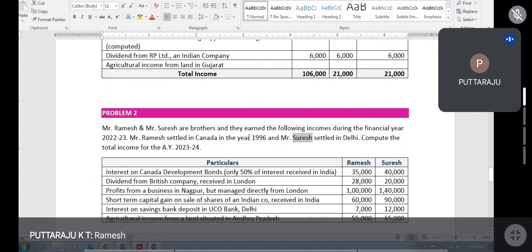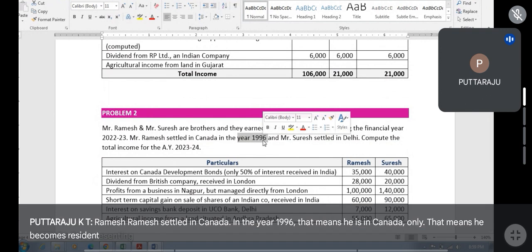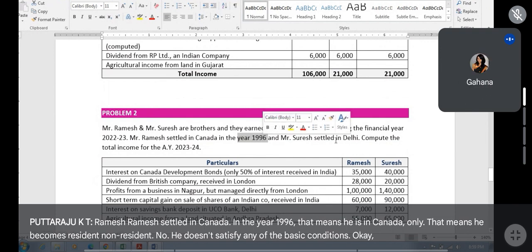Ramesh settled in Canada in the year 1996. That means he is in Canada only. That means he becomes non-resident, no? He doesn't satisfy any of the basic conditions. Yes, sir. Suresh settled in Delhi.